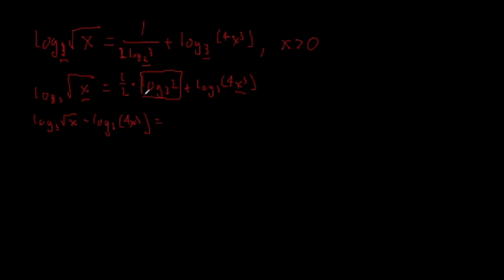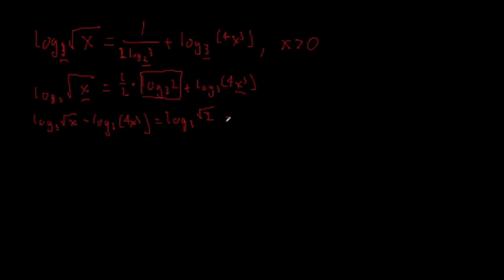Now why we're doing this is because it's going to simplify. Here, let's write it out first. Log base 3 of the square root of 2. Because now this is more simple, since we don't have any extra numbers.